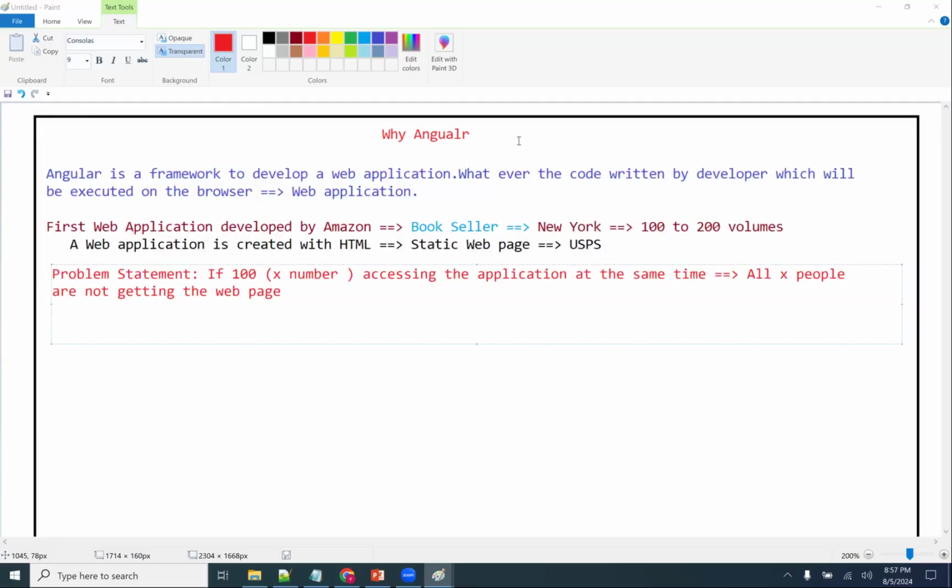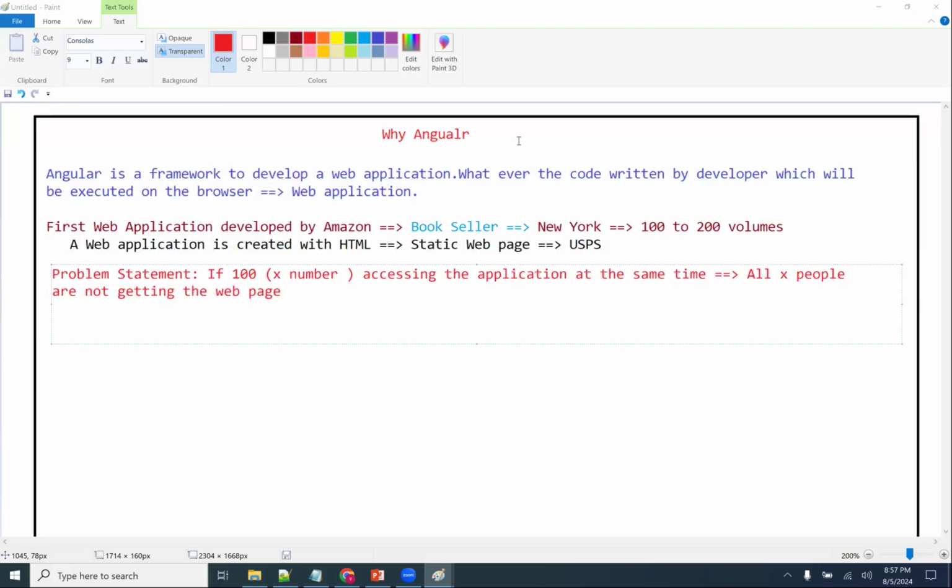For example, 100 are trying, 90 are getting the page, and the remaining 10 keep on spinning. Sometimes you may get a page, sometimes you may not. If any of the 90 close the browser, then they will get a page. If all are active, then they cannot get the page. This is the first problem observed in the early days of web applications.